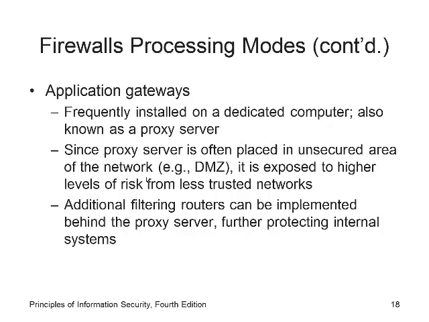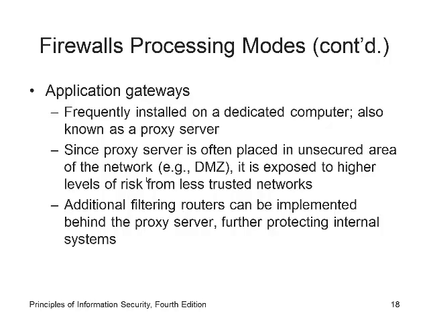Okay. All right, application gateways now. It says frequently installed on a dedicated computer, also known as a proxy server. I actually talked about that in the last lecture, so if you didn't read it or didn't watch it, you should go listen to it. But they're used to basically handle the connection for you. So since a proxy server is often placed in an unsecured area of a network, like a DMZ, it is exposed to higher levels of risk. Yay! Okay, so really what happens is application gateways handle applications.